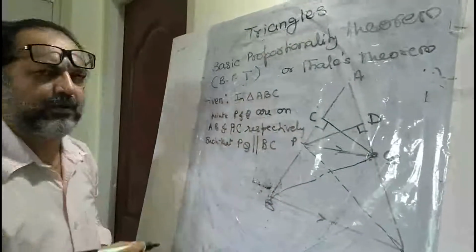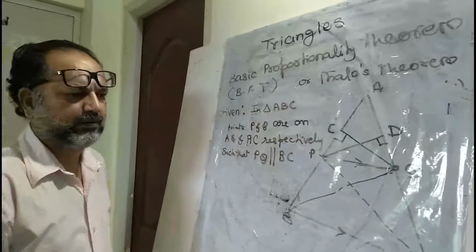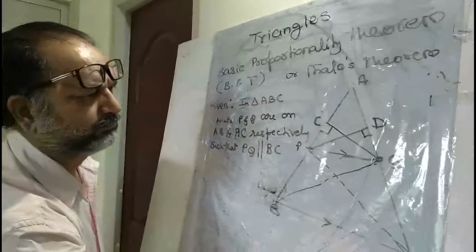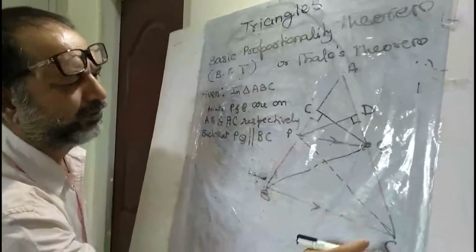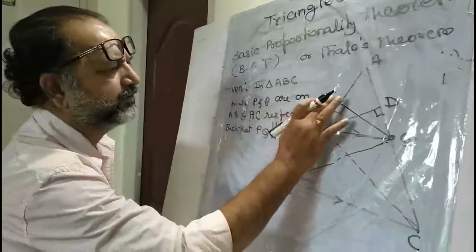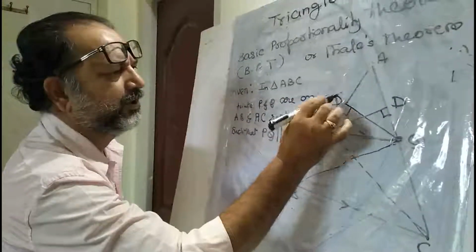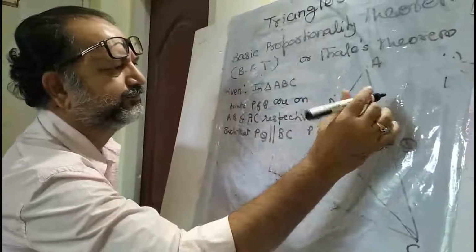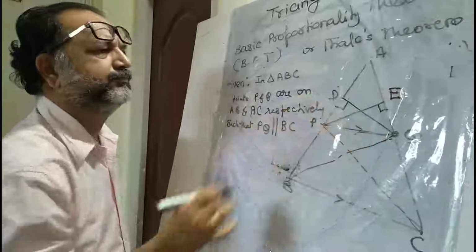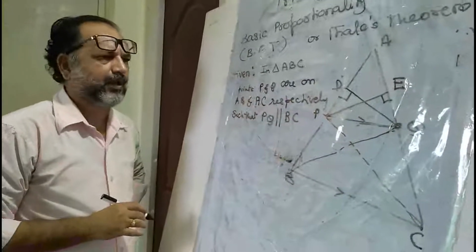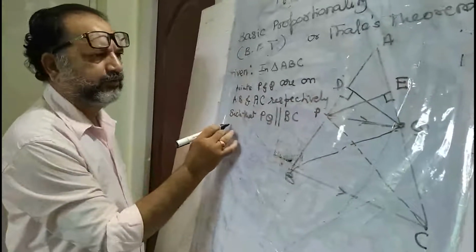Here I have already written C, so let me take this as D and this as E. So that will also be given.